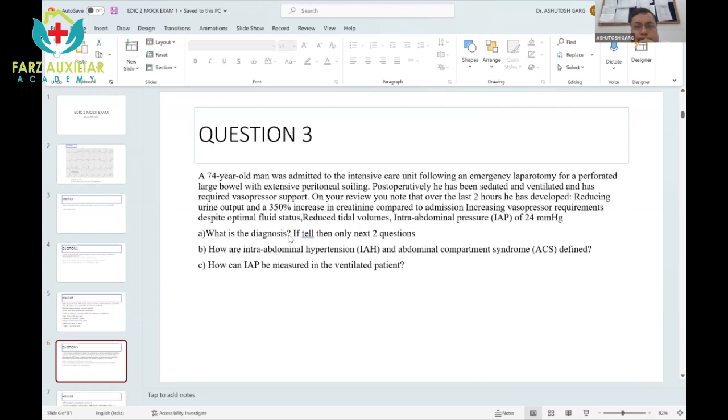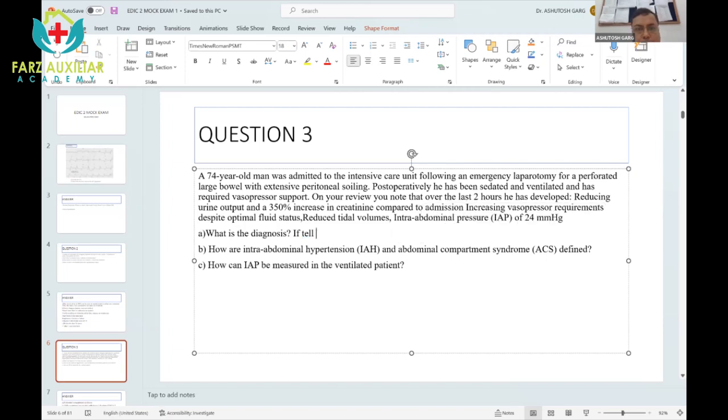On your review, you note that over the last 2 hours, he has developed reducing urine output and a 50% increase in creatinine compared to admission, increasing vasopressor requirements despite optimal fluid status, reduced tidal volumes, intra-abdominal pressure of 24 millimeter of mercury. What is the diagnosis? How are intra-abdominal hypertension and abdominal compartment syndrome defined? And how can intra-abdominal pressure be measured in the ventilated patient?